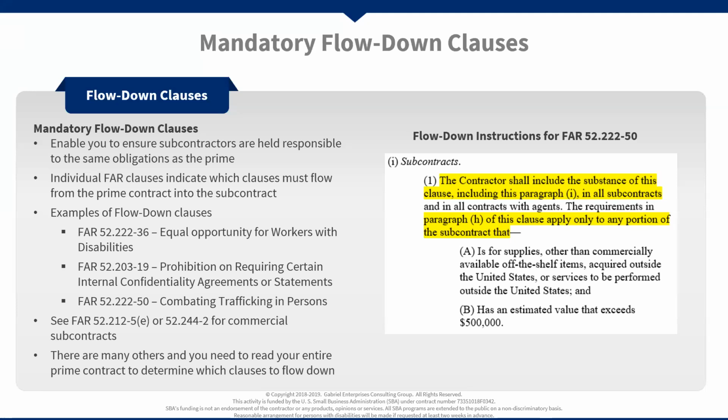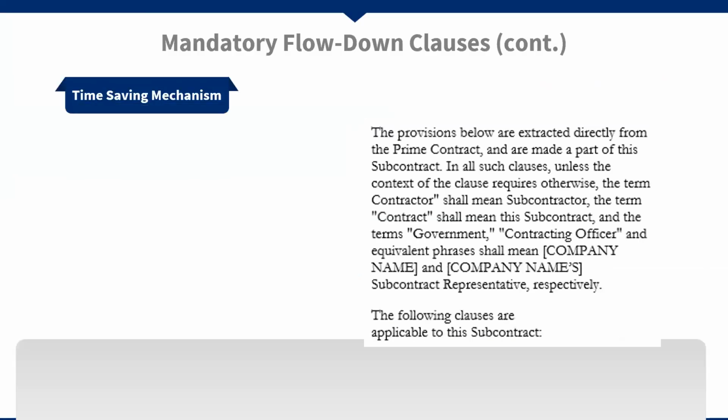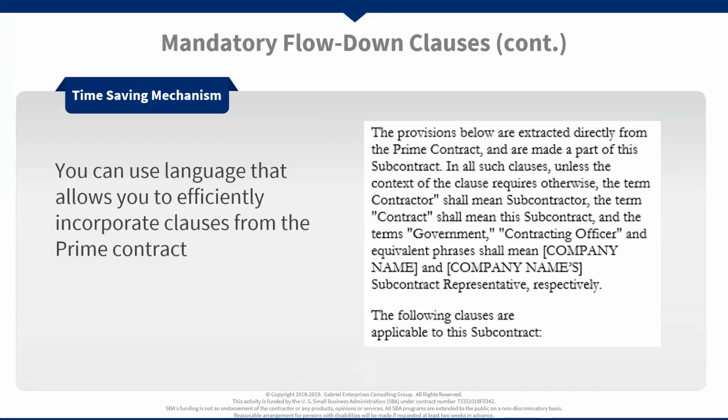It can make the overall document much larger, but it's sometimes easier than going through and making a separate list of all the flow down clauses. With very large prime contractors, they're often going to have a separate list of all these FAR clauses and agency specific clauses that are flowed down, and will include that in a subcontract. So you can do it different ways, but you have to have these clauses referenced.